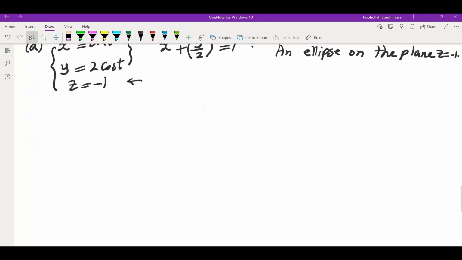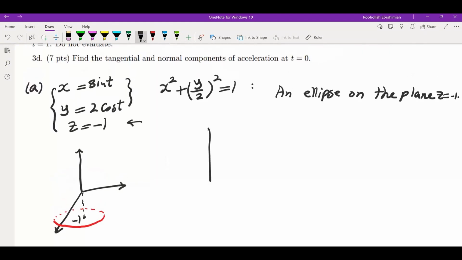So how do we graph that? Well, we're just going to put it on the plane z equals -1, which is right here at the bottom. So it would be an ellipse on this plane. Now, in order to indicate the direction in which the curve is traversed, we're going to plug in different values of t.